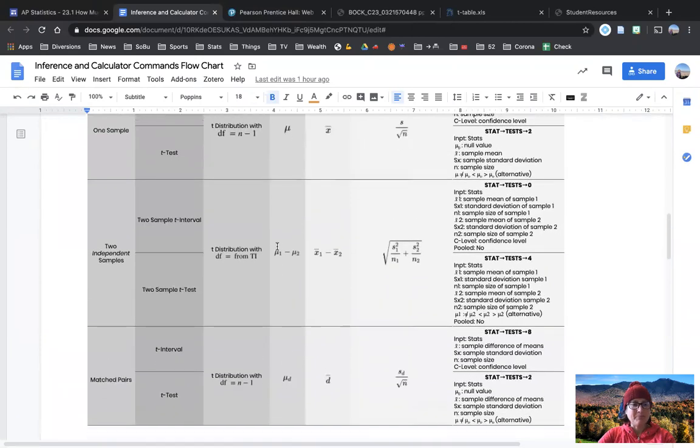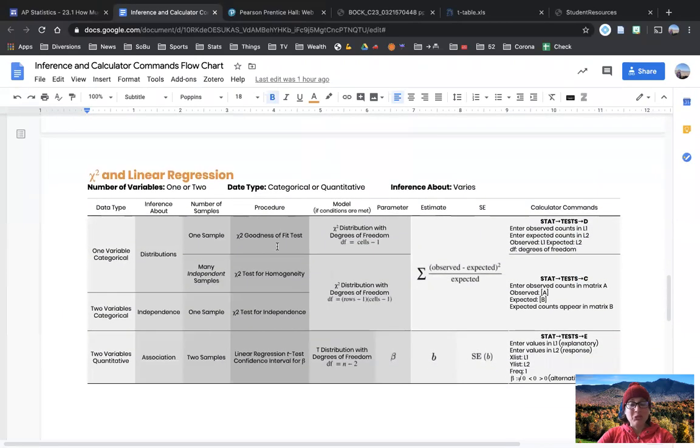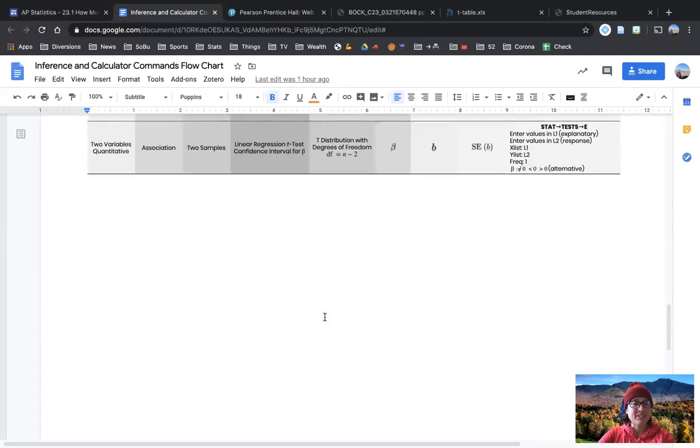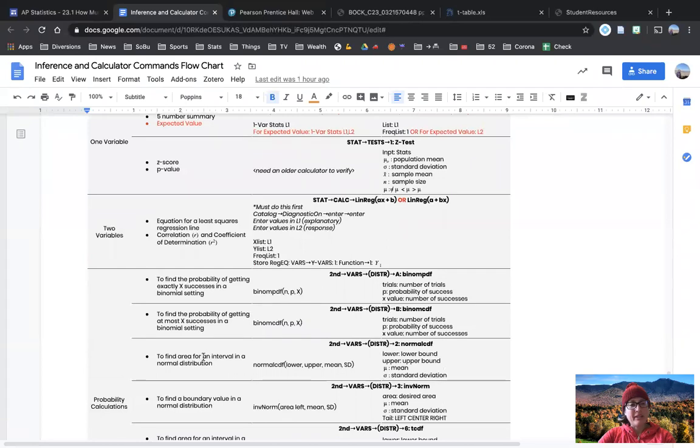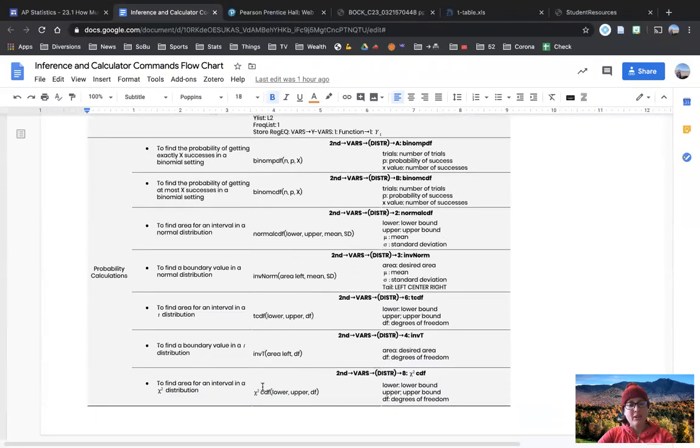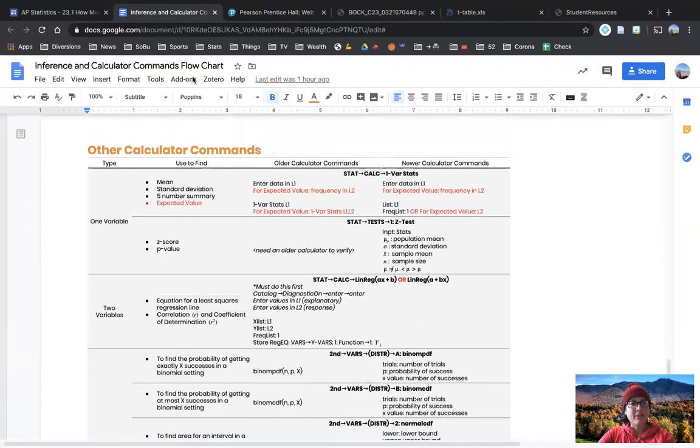It's a lot of them. These are the ones you don't have to learn because of coronavirus. So if you were taking this class normally, you would learn this, but not this year. And then down here are all these other random calculator functions that we've used throughout the class, all in one spot. So print it out, tattoo it, memorize it.